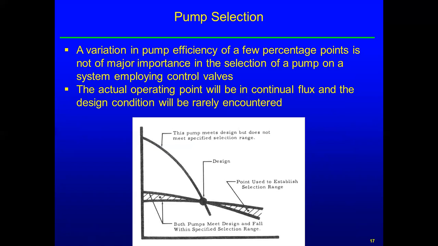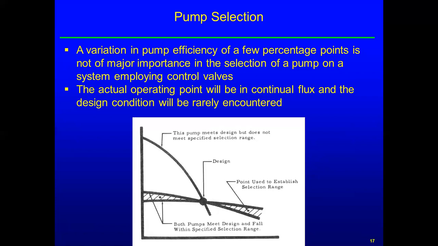What is important is that the pump curve, again, be flat enough, and you see actually 3 pumps here on the figure. The one with the steep curve says pump meets design but not the specified range.